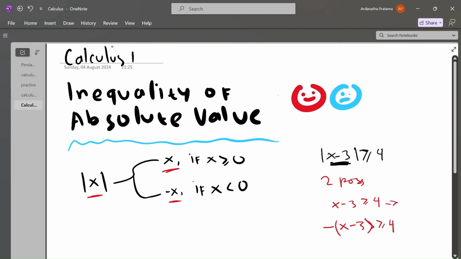From this form, I have x is greater than or equal to 7. Okay, so from this, we multiply by minus 1, so we have minus x plus 3 is greater than or equal to 4.